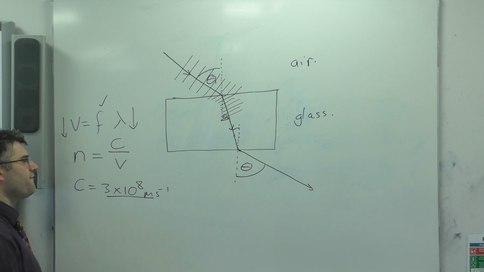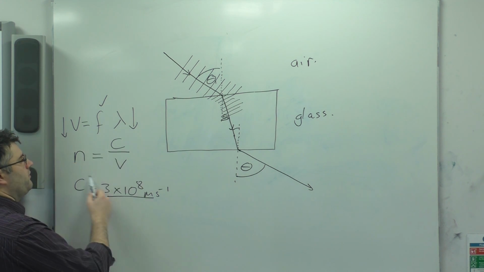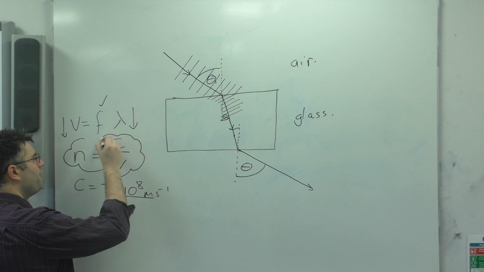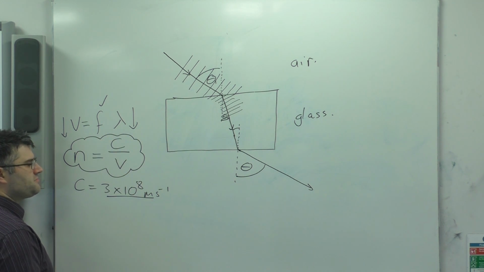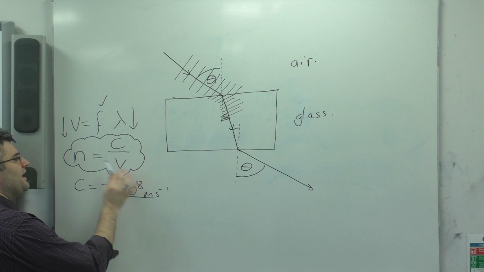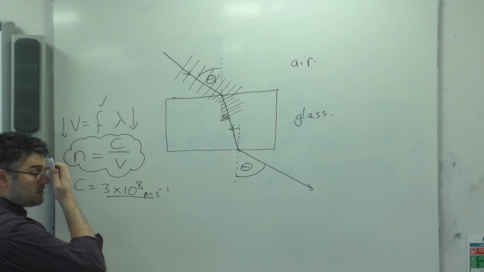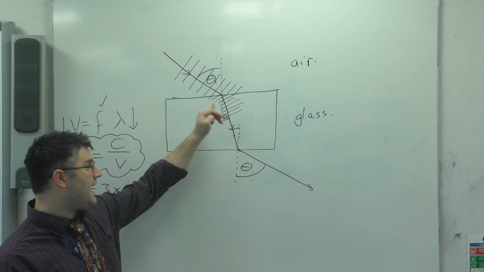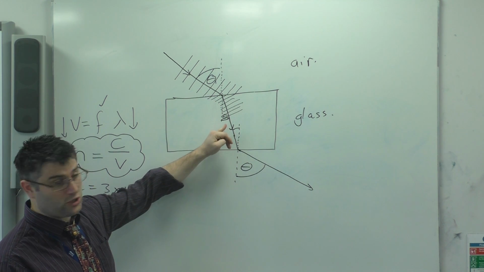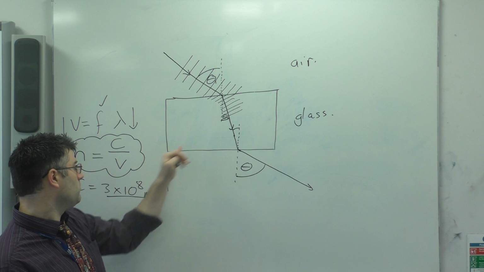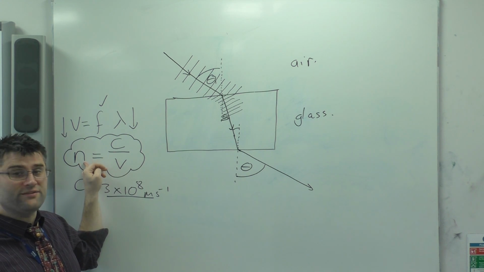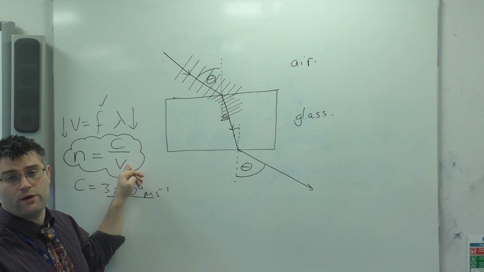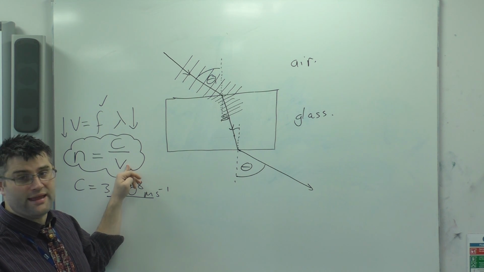Interestingly enough, what this equation is showing you is the proportion of c that is obtained by the light in that object. So for example, in the glass, we can utilize the angles, and eventually we're going to look at Snell's law to help us work out the refractive index, to then allow us to work out the speed at which it would move in that material.